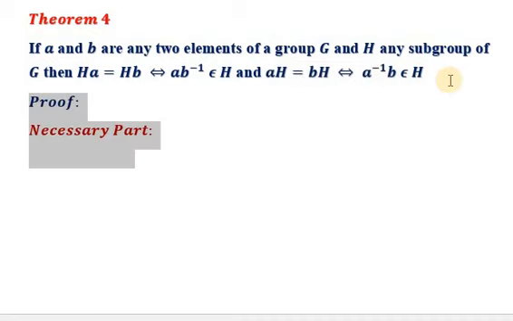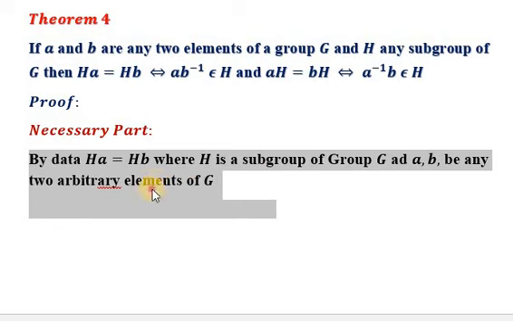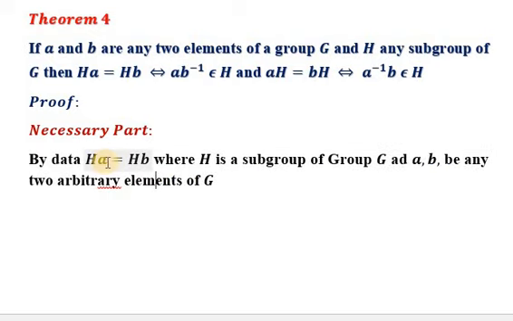The necessary part. By the data, the coset Ha is equal to Hb, where H is a subgroup of G and a, b be any two arbitrary elements of G.